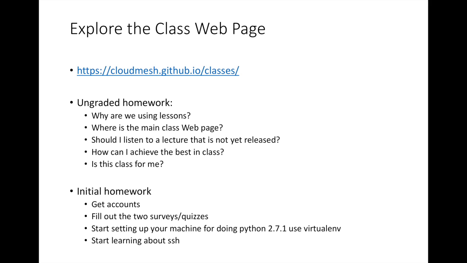Actually, it's not 7.1 but 7.13, I believe, by now, so I will correct this slide later. And you will be all set. You should also start to learn about SSH so that you can upload your key to GitHub, because that is needed in order for you to conduct the first homework.